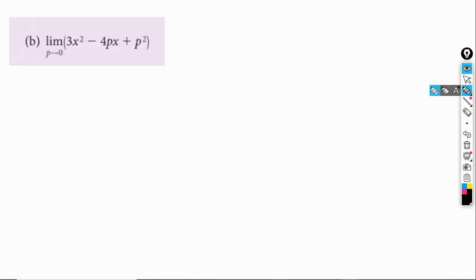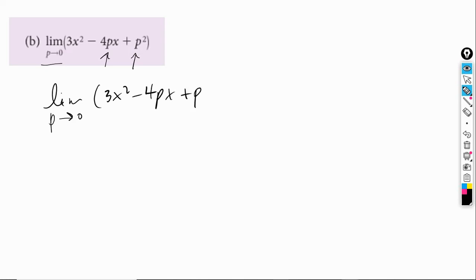For letter B, they ask us to find the limit as p approaches 0. So in this case, it's not x, you just have to be careful with that. So here's one p and here's the other p. Now in this case, I think the easiest thing to do is to simply plug in 0. So we can say that the limit as p approaches 0. Now notice the notation, you have to use a parenthesis here. 3x squared minus 4px plus p squared.